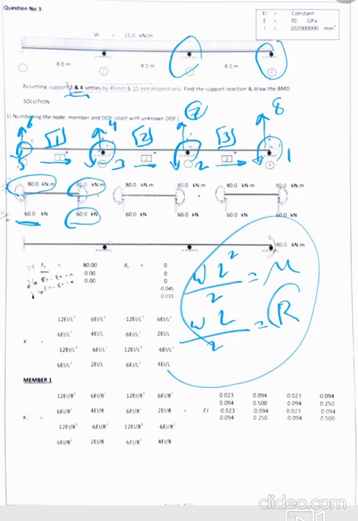Each member has a length of 8 meters, and the same distributed load, so you will get the same values for this example.